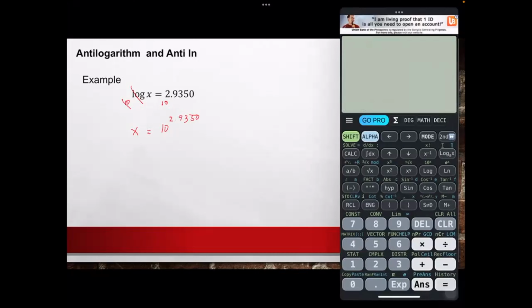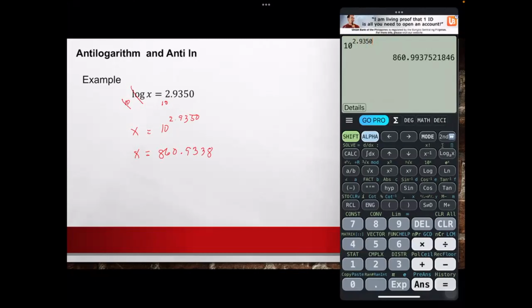So, press shift, then 10 raised to, then 2.9350. We will have the answer x is equal to 860.9338.